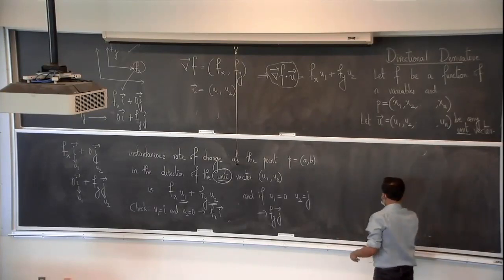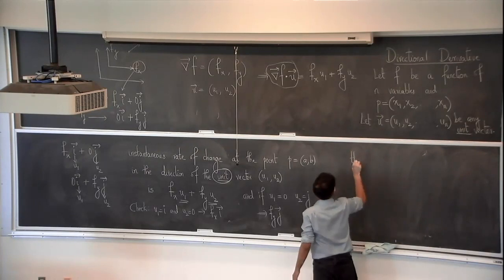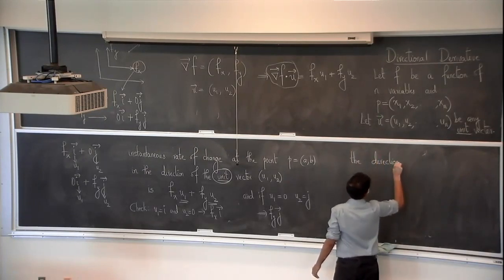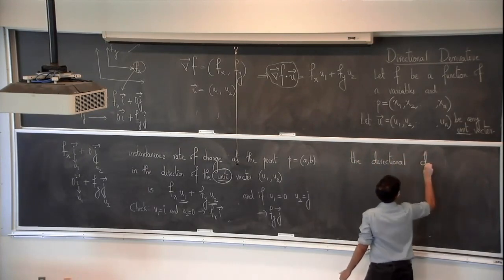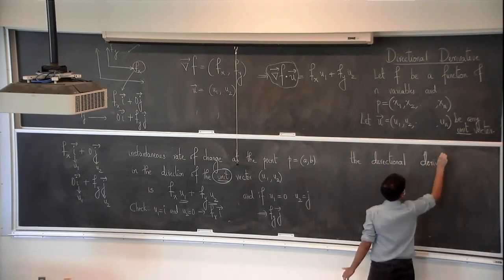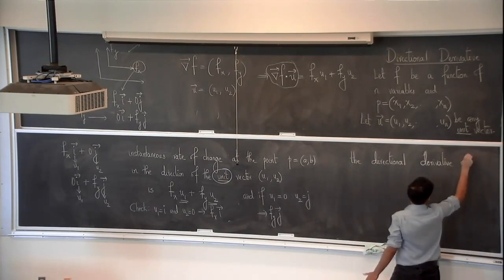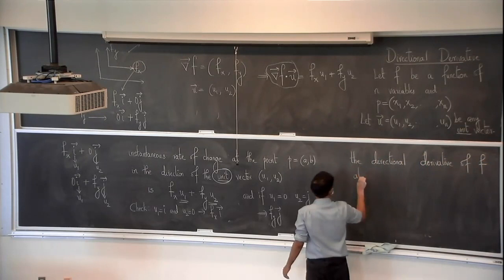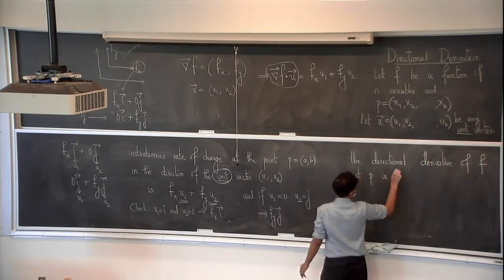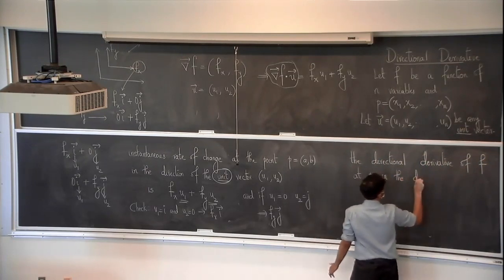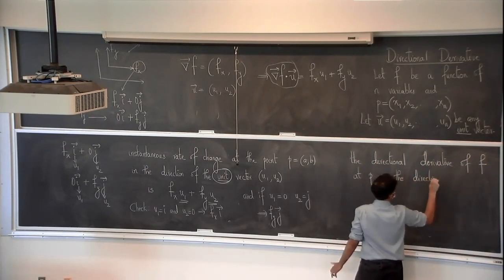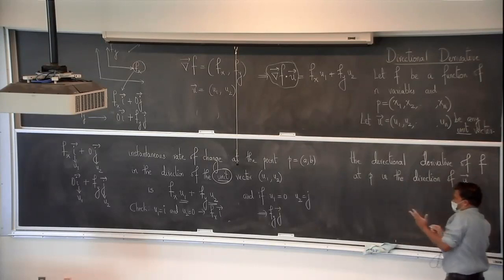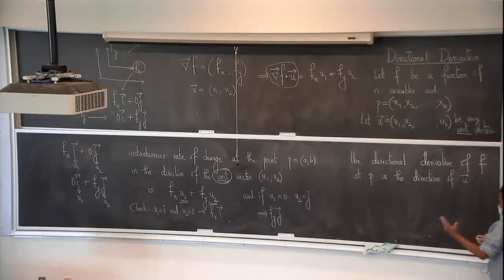Then the directional derivative of f at the point P in the direction of U, denoted by capital D, of f at the point P with respect to this vector U. Okay, so you need 3 pieces of information to do this. We need the function, we need a point, we need a vector.